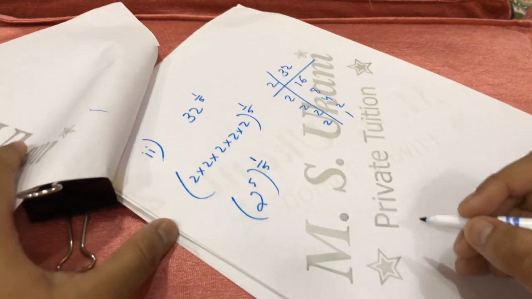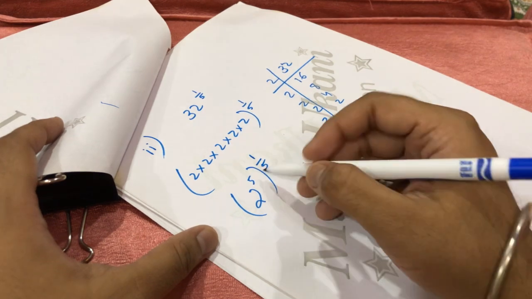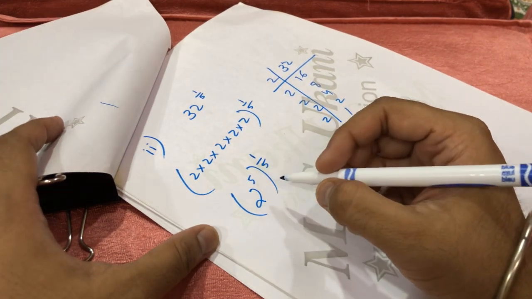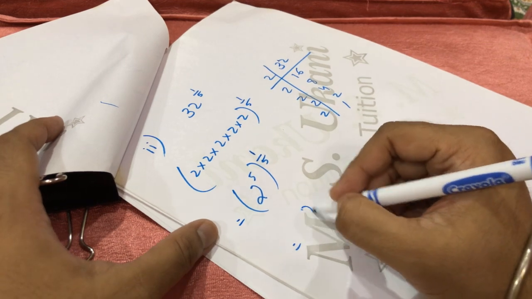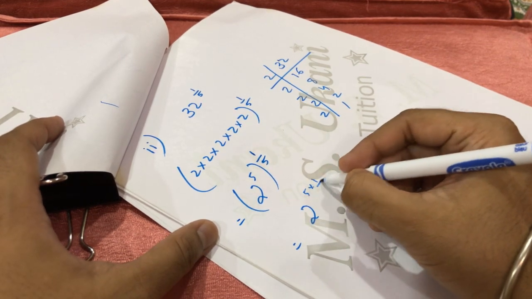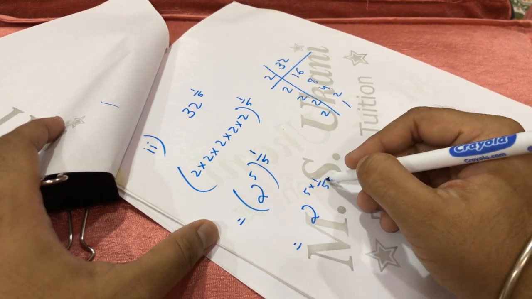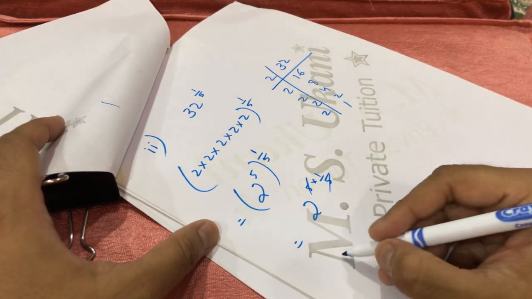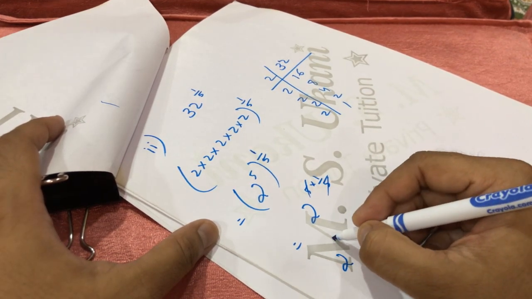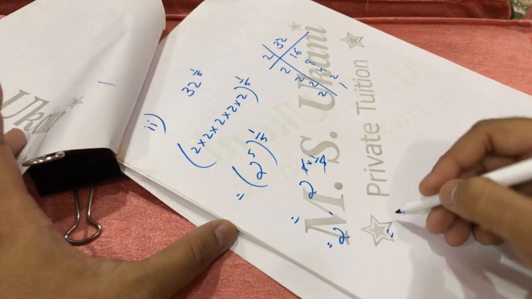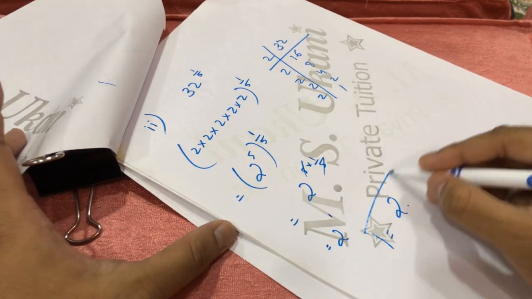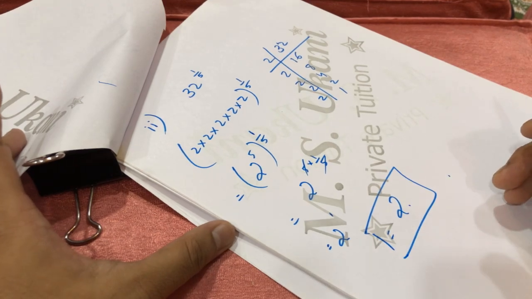Now the relation between both the powers will be multiplication, so we multiply both the powers like this. Now 5 and 5 will cut, so our answer is 2 raised to 1, that means 2 only. So this is our final answer.